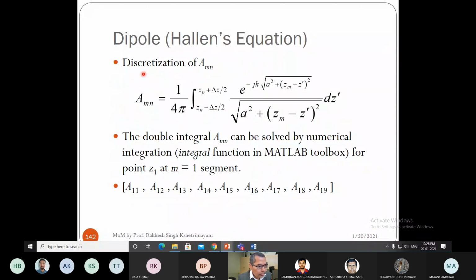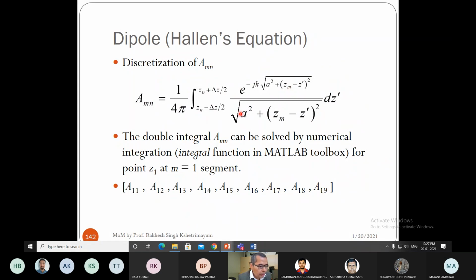So now, discretization for the Z matrix. How do I do it? We have a reduced kernel now. You can do the discretization as 1 by 4 pi, integral from Zn minus delta Z by 2 to Zn plus delta Z by 2. This is the exponential term here. You have just replaced Z by Zm here because we are making the observation at the center of the mth segment.